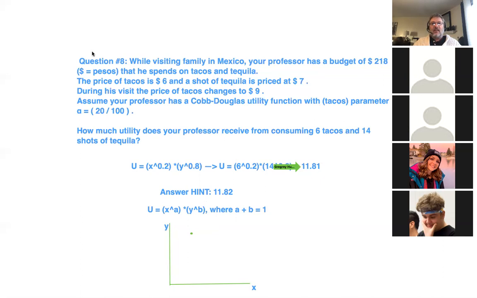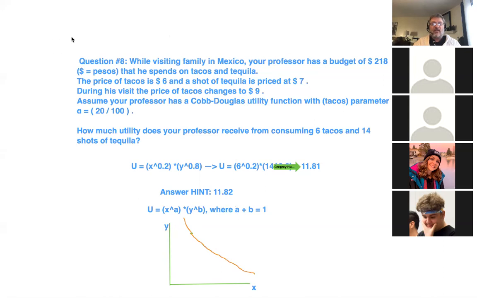And then remember, some indifference curve passes through that point. To be really clear about it, that point is actually part of some indifference curve.